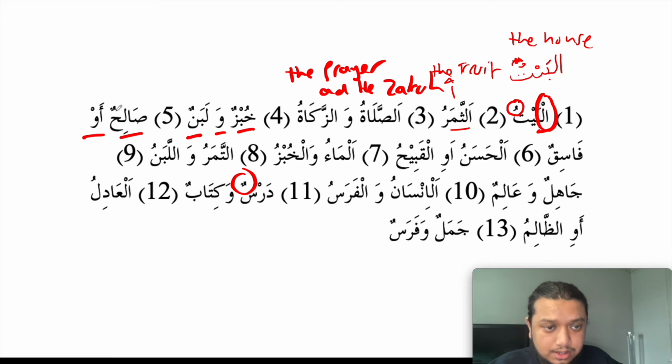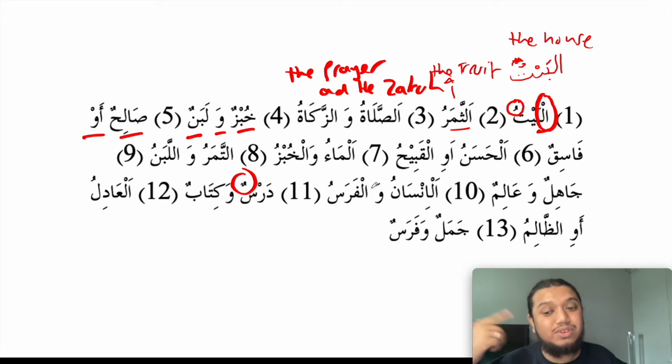As you can see here, because there's no alif lam, fasiq and salih are translated as a righteous person and a transgressor, as opposed to the, because it's indefinite and it's referring to any people. Al-hasanu aw al-qabih is the beautiful and the ugly.